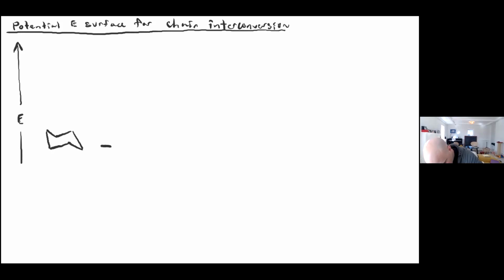And over here on the right, I'll draw the chair flip. And if we number carbons as we had them before, this is C1, C2, 3, 4, 5, 6, okay?